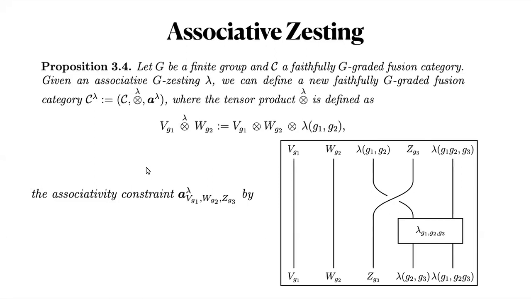You take a simple object, you act on one, and you never move out of the grading. That's why you want this to be the trivial sector, right? Exactly. The grading in particular won't change. Here, the grading of this one will be again G1, G2. Exactly, you don't change it.